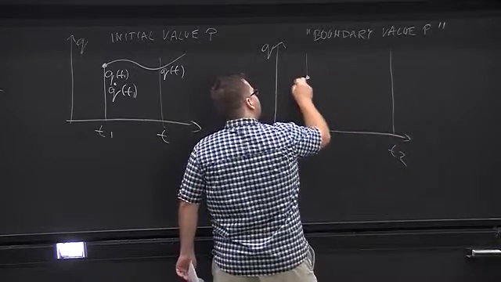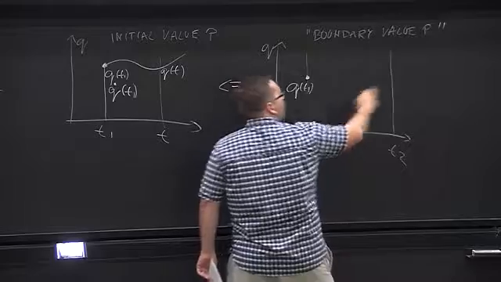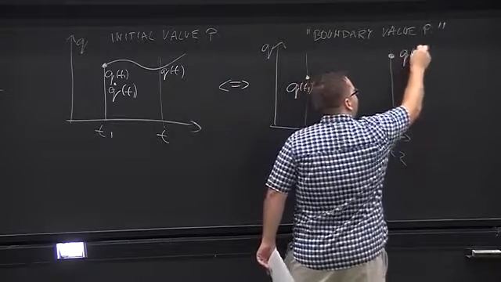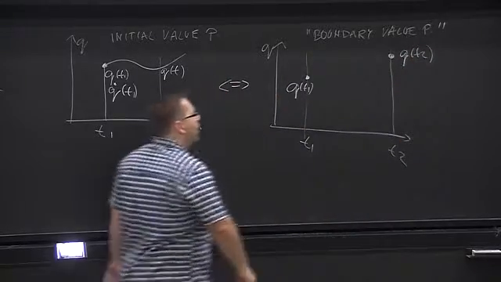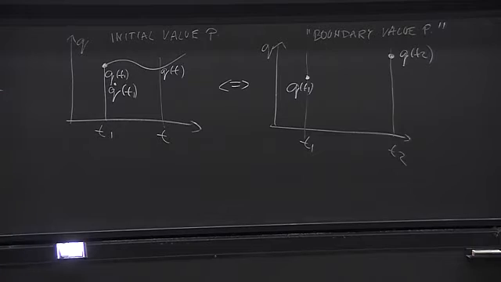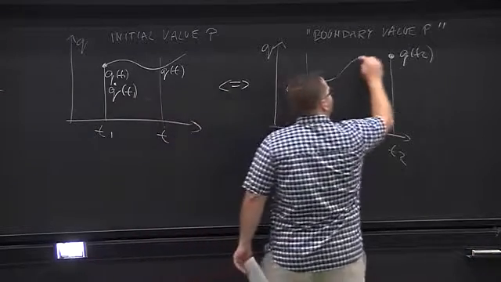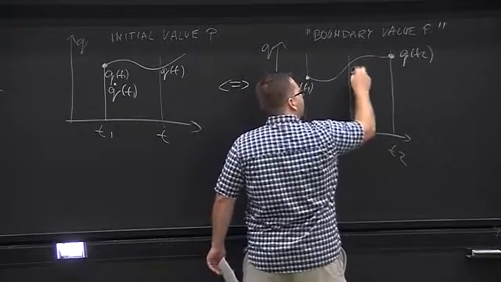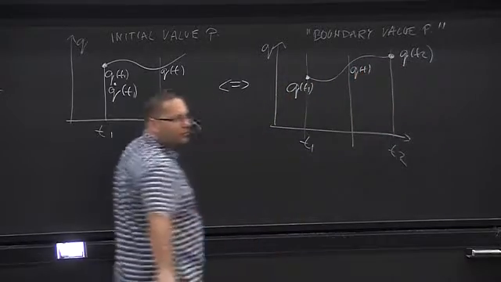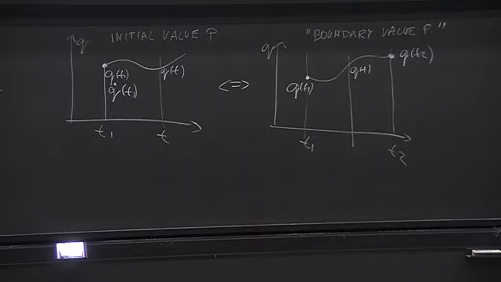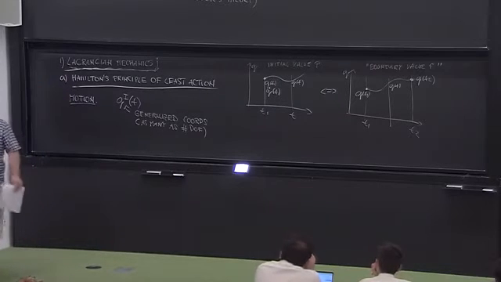So I fix my q here, and then I fix my q there. Again, I'm providing 2 data, and this should be enough to solve for how the q looks in between. So these are equivalent formulations of your problem.